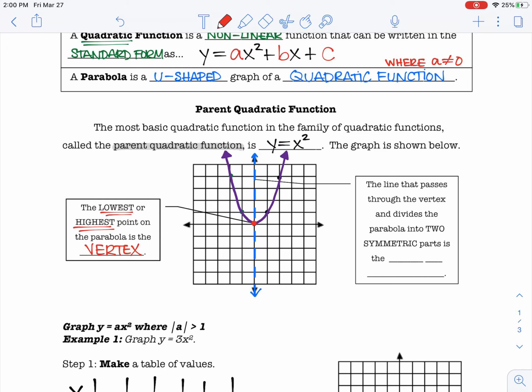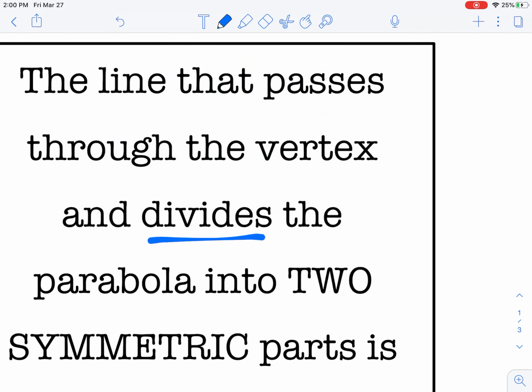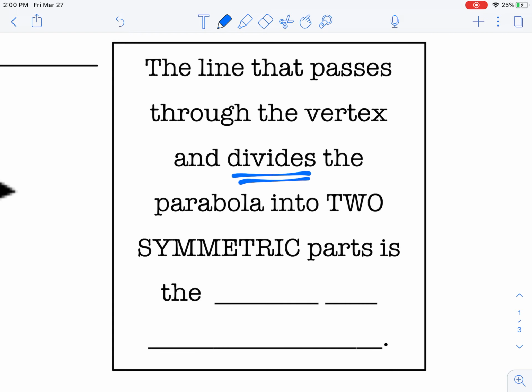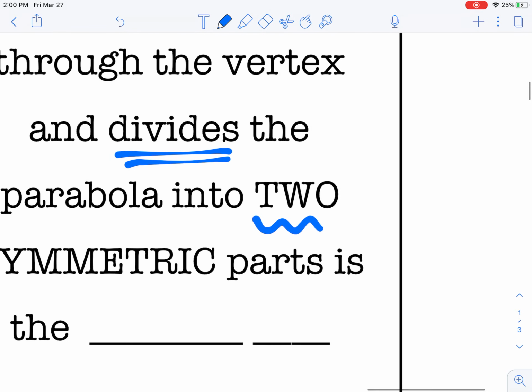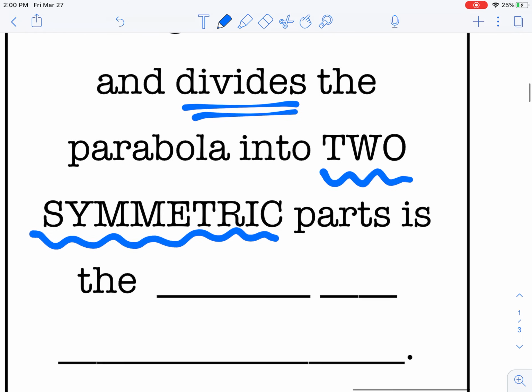Now, since it is U-shaped, it also means it's symmetric. This dashed line that I have in blue, its purpose is more just to help you get it graphed. It's not actually part of the graph, but it does divide it in half. So when we go to graph this in a little bit, you in essence just need to find half the points and the others just reflect over. It divides it into two symmetric parts, two sides that are identical.